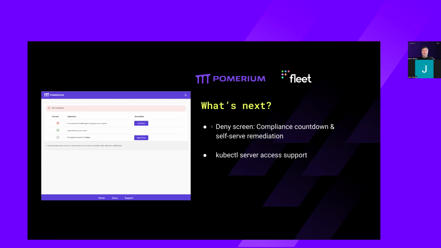It does allow you in Pomerium Enterprise to give some more custom explanations. And so we're working on integrating, that was an ask from a customer, some of the options from Fleet into the deny screen itself. And then more CLI-based access support will be coming as well.